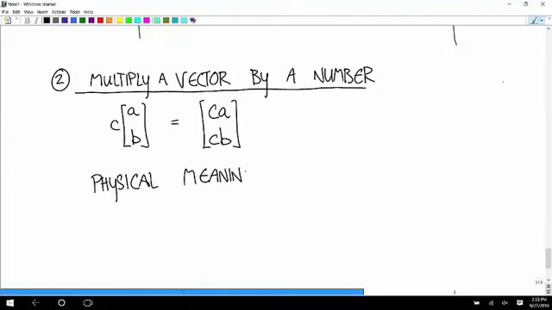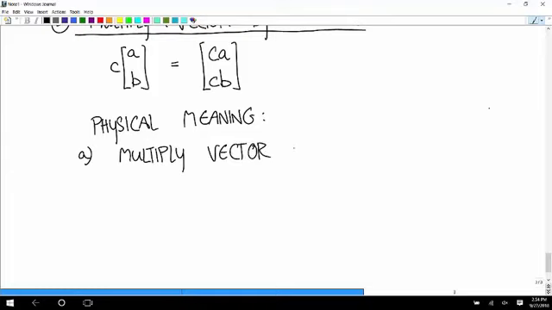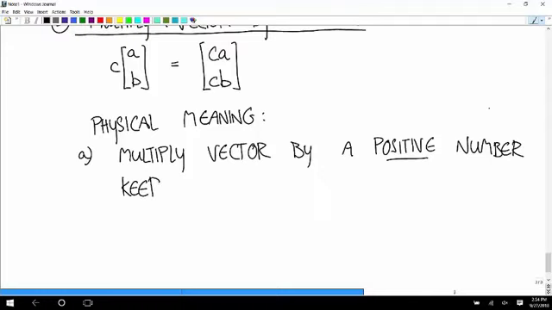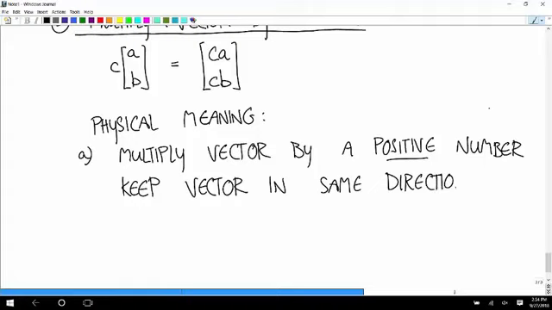The first one is if you multiply a vector by a positive number, what you do is keep the vector in the same direction, and multiply its length by the number. Its magnitude is multiplied by the number.